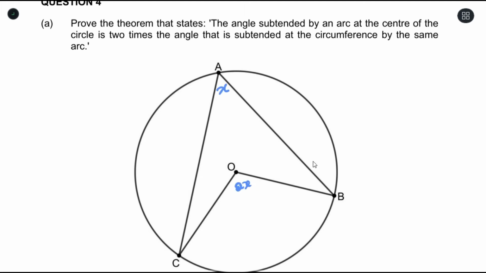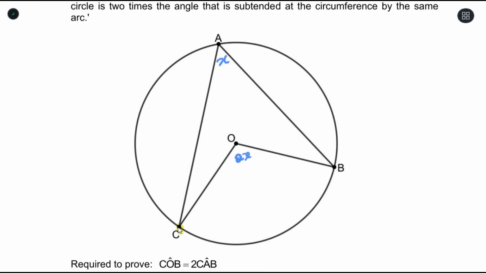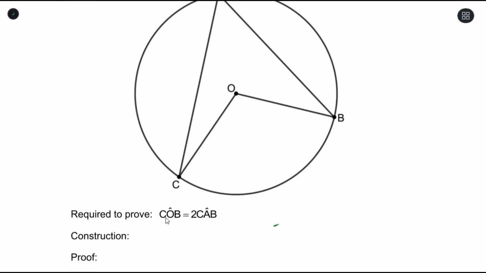That the angle at the center is twice the angle at the circumference, subtended by the same arc. And this here is your arc, arc CB, which creates O and also creates that angle A. So we're required to prove that angle COB equals 2 times angle CAB.